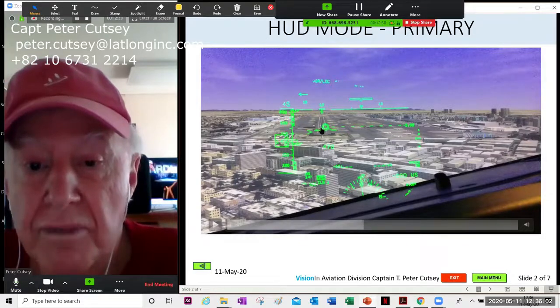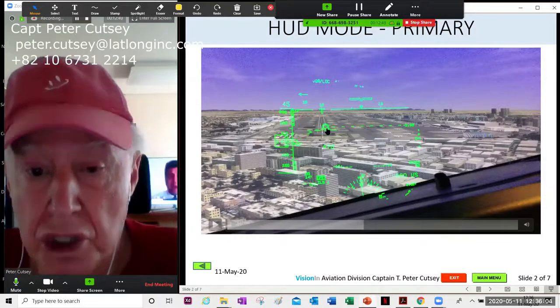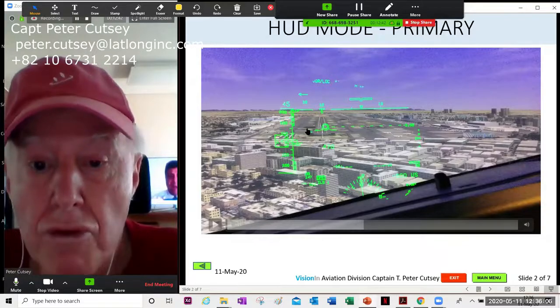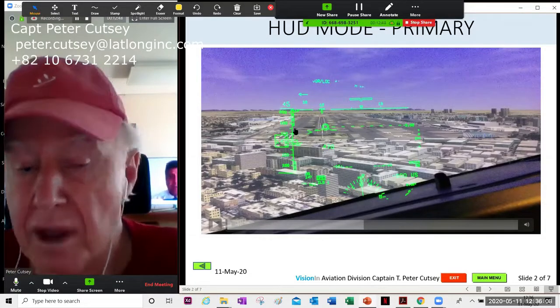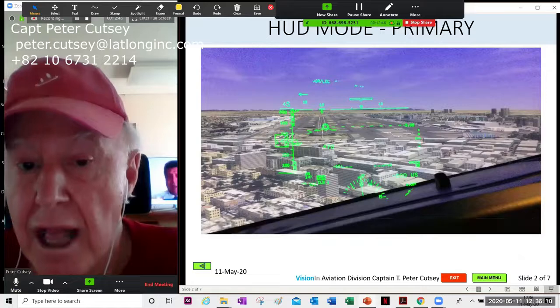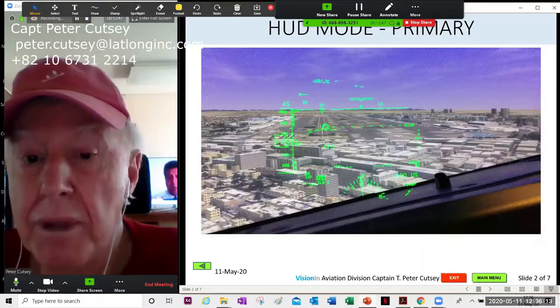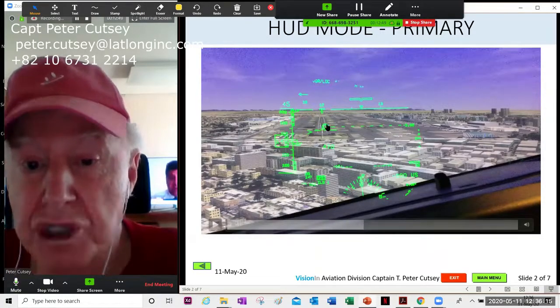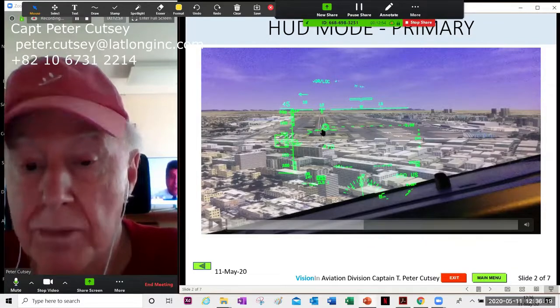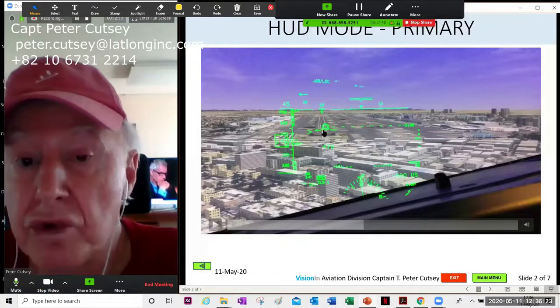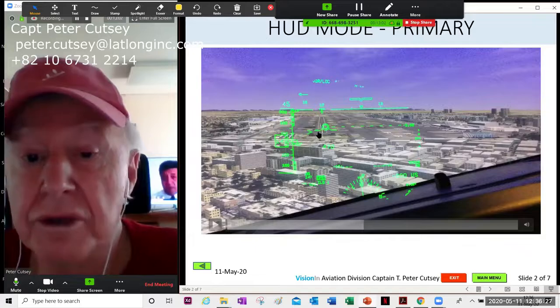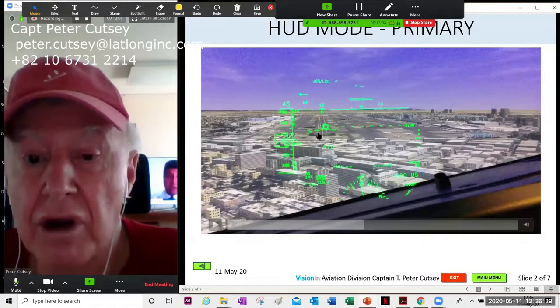This flight path symbology would be to the far left of the screen, and it would be ghosted. It would be dashed. The symbols would be there, but instead of solid lines, there would be dashed lines to let you know that you're getting close to the extent of the usable area. So it's very cleverly done, really.